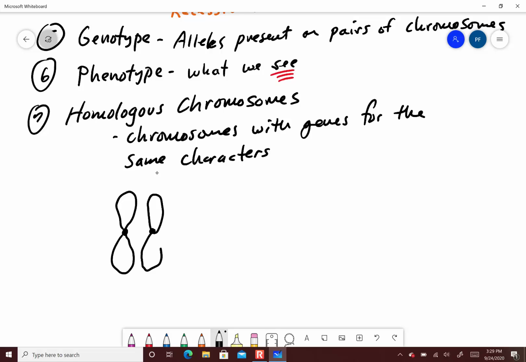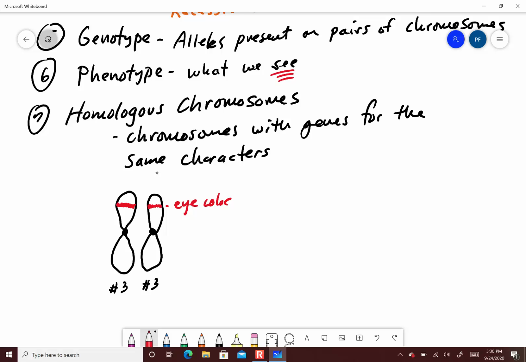So back to that sperm cell, egg cell, zygote picture. If this is a pair of chromosomes in our zygote, say they're both number 3s, and this particular gene here is for eye color. Homologous chromosomes, in our definition, are chromosomes with genes for the same characters. If the gene in red for eye color is on that number 3 chromosome to the right, it would also have to have a gene for eye color on that other chromosome.